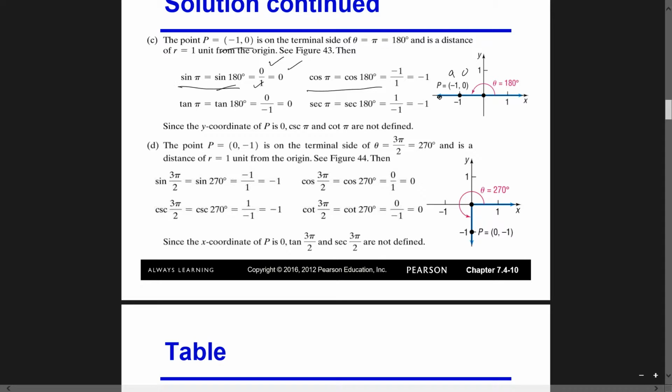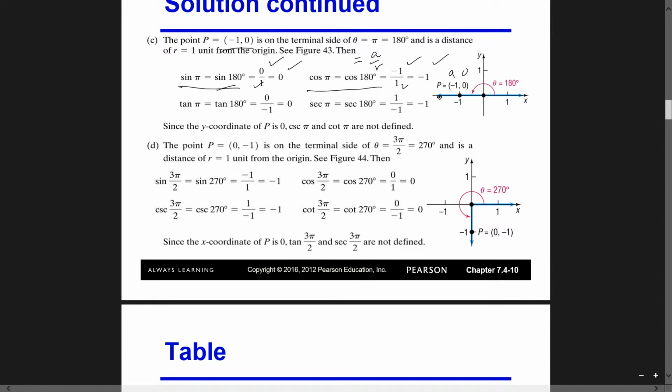Cosine of pi, cosine of 180 degrees, will equal a over r, equal to minus 1 over 1, equal to minus 1.